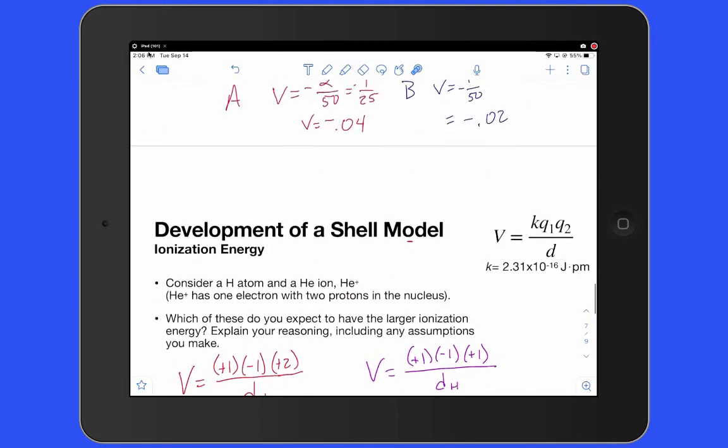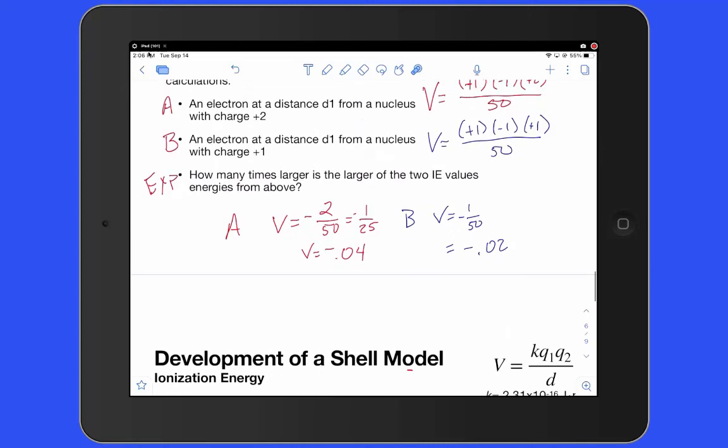Go look at that one. What's the difference? We just didn't call A helium. We just didn't call B hydrogen. Can we see it now?